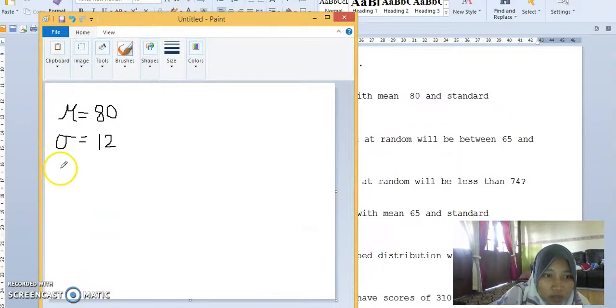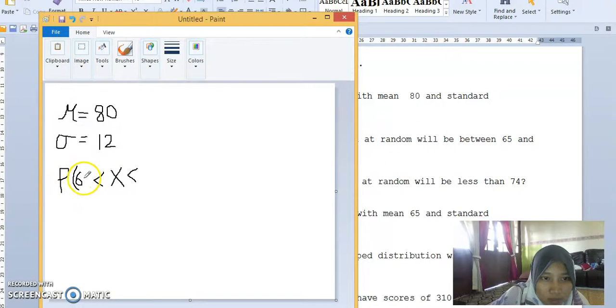Alright, so you are trying to find P of x between 65 and 95.